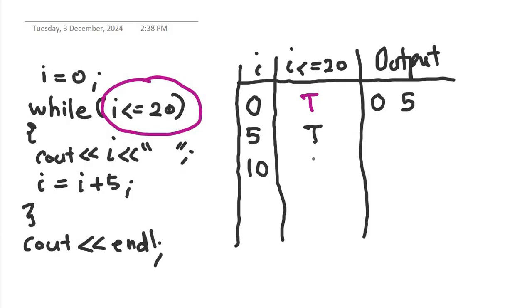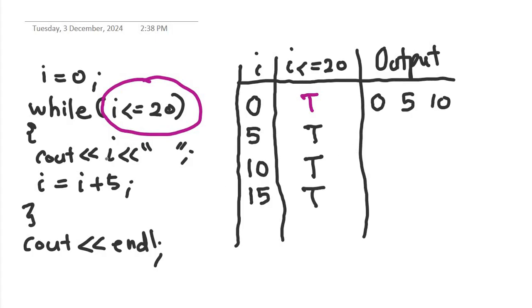10 less than or equal to 20, so still true. When still true, go inside the while body. So cout I, the value of I is 10, and then a space, and then I becomes 10 plus 5, 15. Then go back again to I less than or equal to 20.